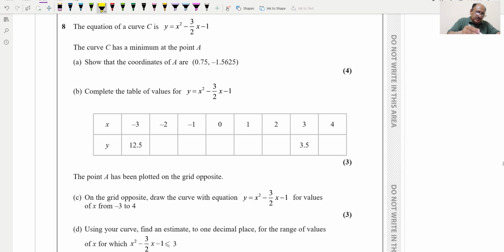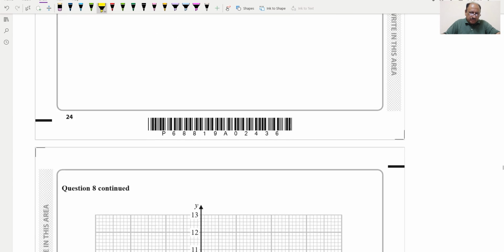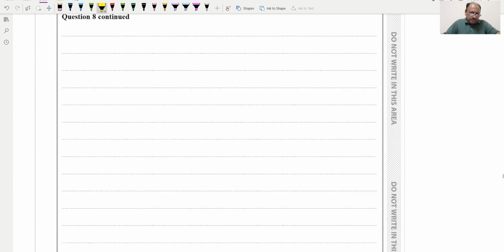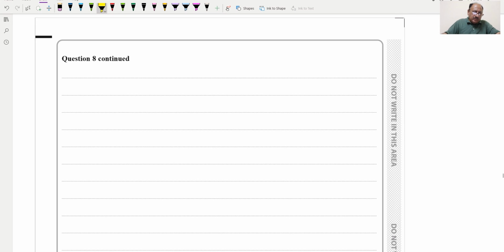Now this is question number 8, and question number 8 says the equation of the curve is given. The curve C has a minimum at the point A. Show that the coordinates of A are these two. So for this we can differentiate the given equation.